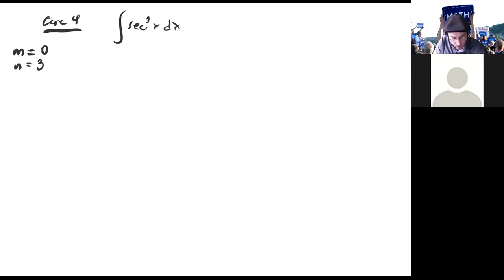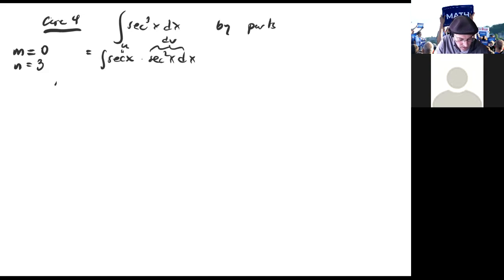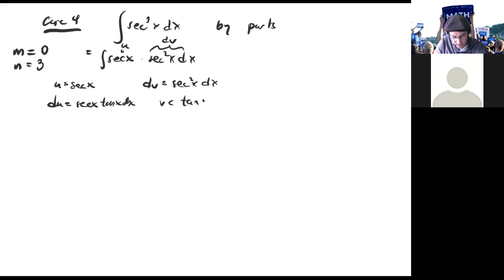You're going to integrate by parts by writing this as the integral of secant x times secant squared x dx. So this will be your dv, and this will be your u. So u is secant x, du is secant x tangent x dx, and dv is secant squared x dx, so v is tangent x.